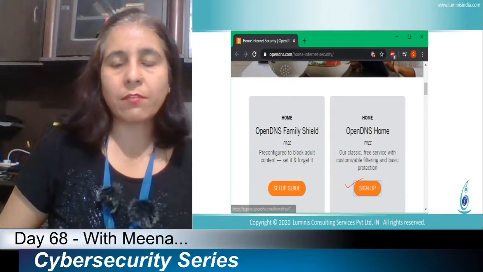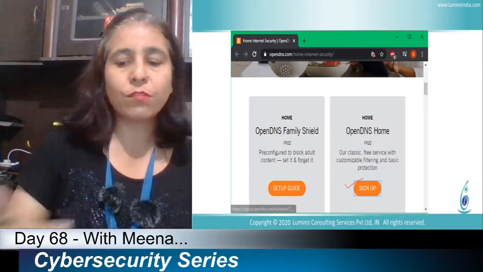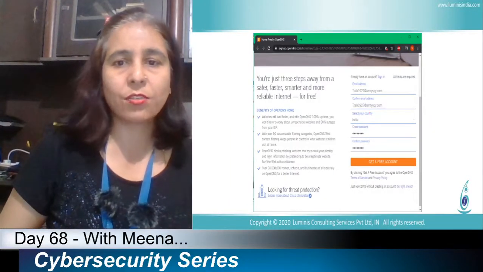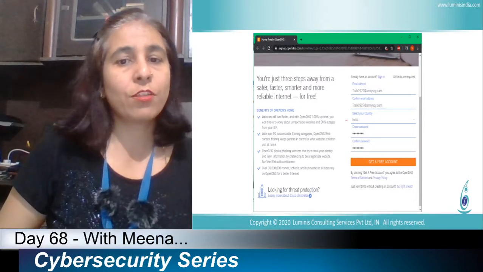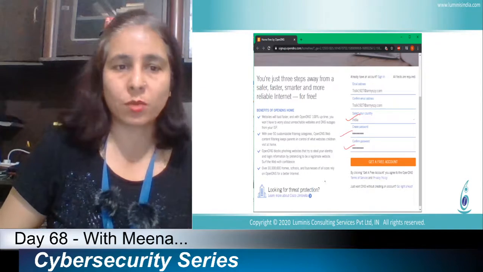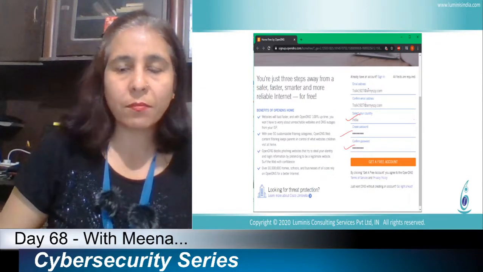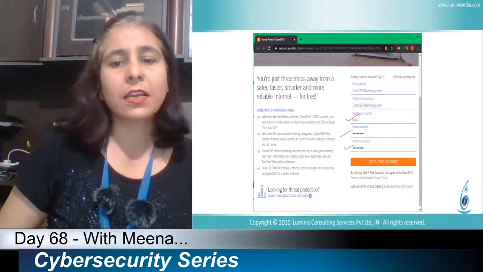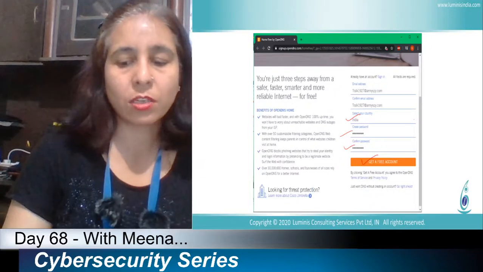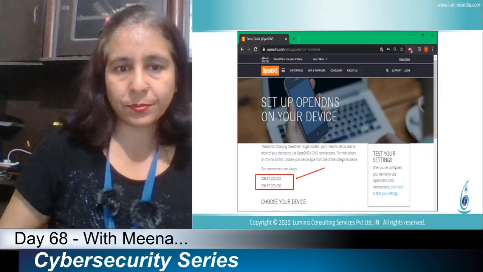Clear? When you click on sign up, it will ask you for details, and you need to fill in all of them. For example, it asks for your email address, which country you belong to, and it will ask you to create a password. Clear? After filling in all these details, click on get a free account, and it will provide you account access for OpenDNS.